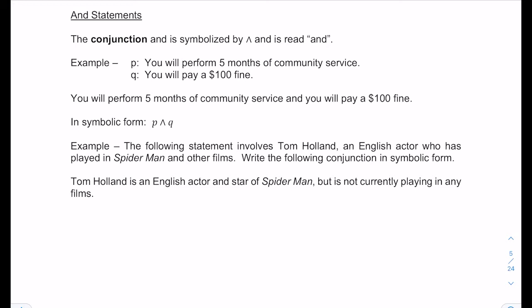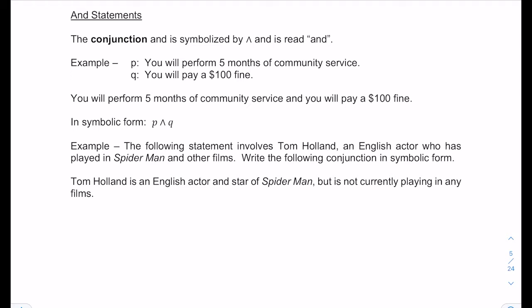So in my example, we're going to let the letter P represent you will perform 5 months of community service. And Q is you will pay a $100 fine. So my statement is you will perform 5 months of community service and you will pay a $100 fine. If I was to use symbols to represent that statement, it would be P and Q. So I would use P, the symbol pointing up, and Q.